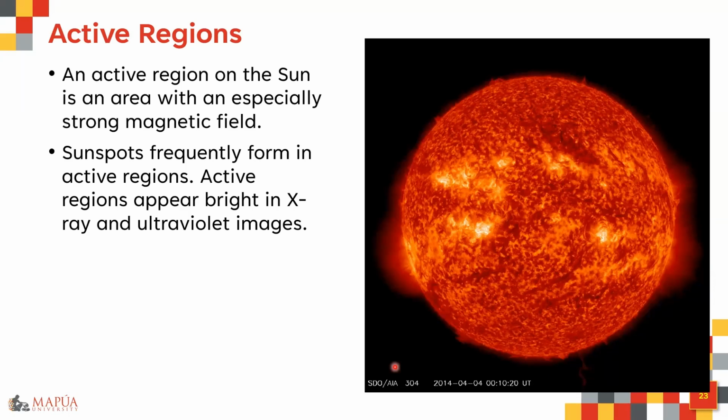But the point is that even within the same spectrum, say EUV, at different wavelengths the sun will appear very differently. But those active regions will appear very bright at extreme UV or even in X-ray wavelength.